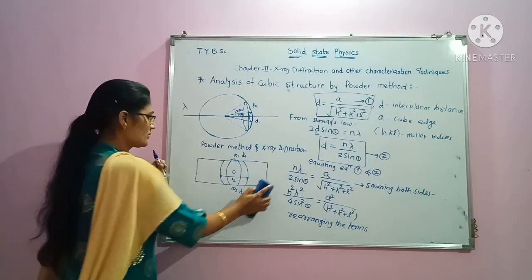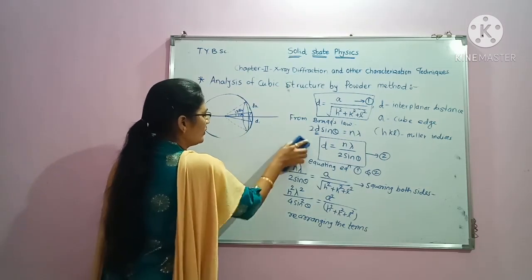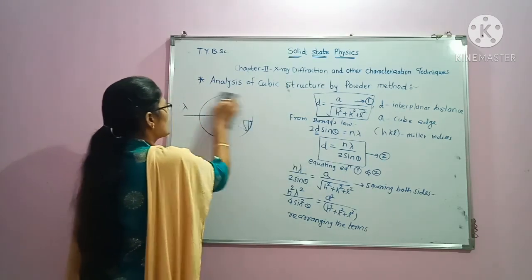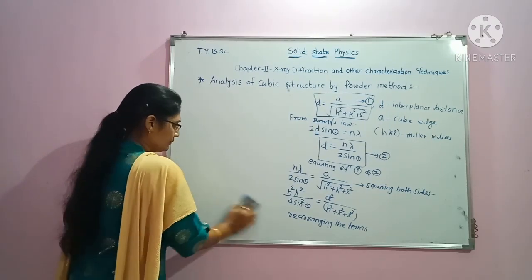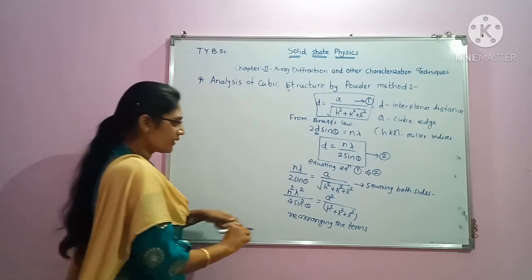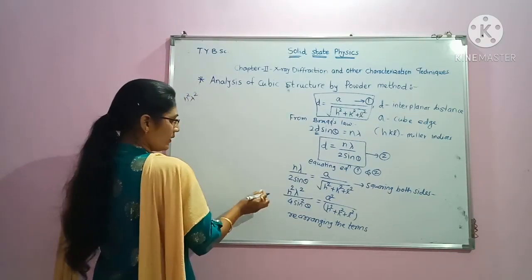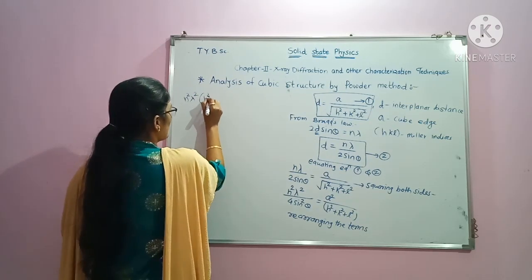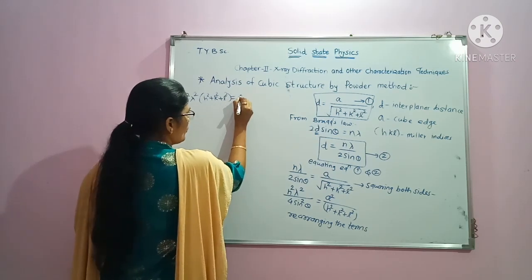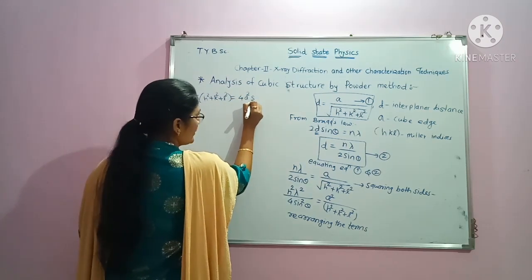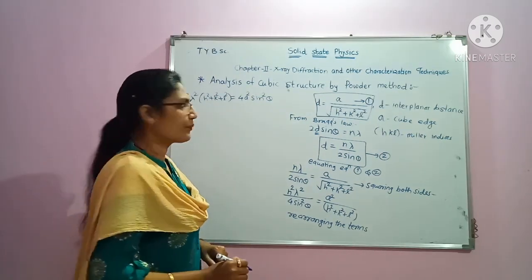As I have already explained during the powder diffraction method also, after rearranging terms we will obtain n square lambda square into h square plus k square plus l square is equal to 4 into a square into sine square theta. This term we have obtained.